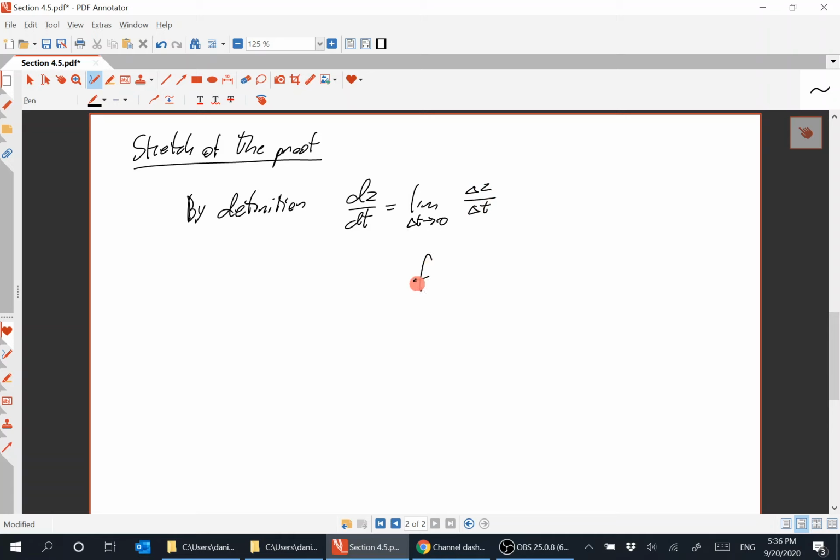It's f of t plus h minus f of t over h, a more specific way of doing it. But this represents a change in t, because t goes from t to t plus h, so h is the change in t, and the change in z is the change in f. So it's just change in z over change in t.